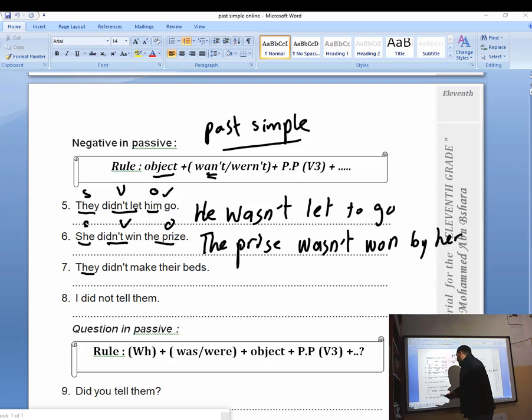Next, they didn't make their beds. They, subject. Didn't make, the verb, their beds, the object. We change it into passive by starting with the object first. Their beds.